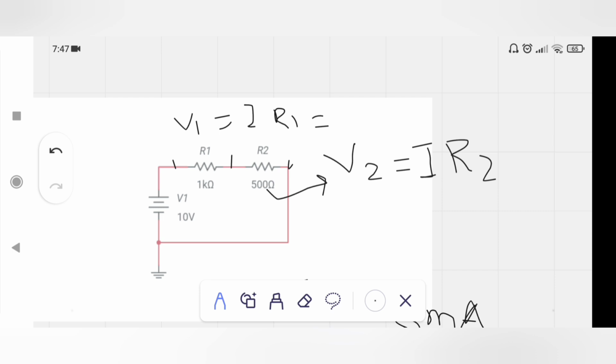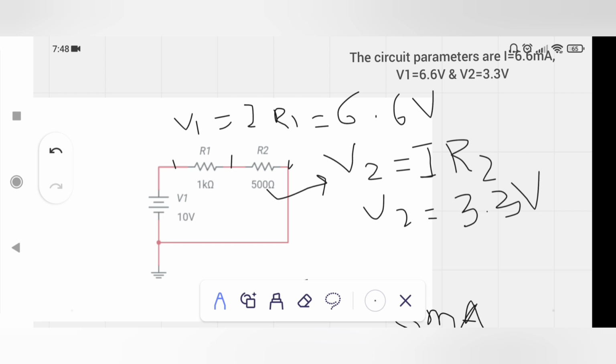We have calculated the circuit parameters, and V2 is equal to 3.3 volts and V1 is 6.6 volts. That's it. As you know, the voltage across the higher resistor is higher and the voltage across the lower resistance is lower.